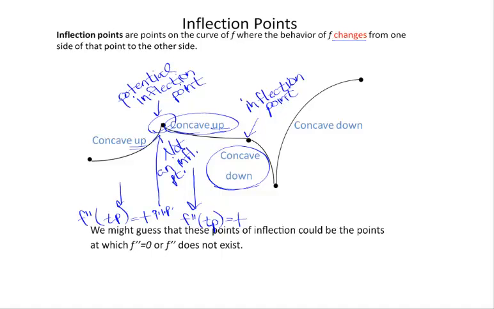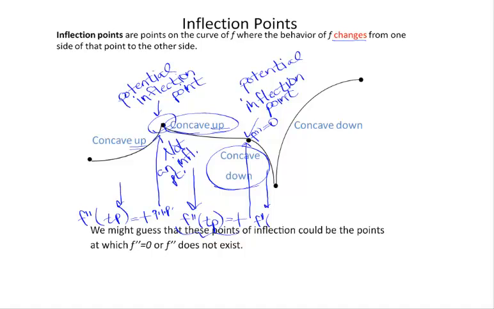If I did the same thing here with this input value, because we always start with potential inflection points, where the second derivative equals 0 or is undefined, I would get the second derivative equals 0 at this input value. I've already tested what's going on to the left of that potential inflection point. Now I'm going to test some value to the right.